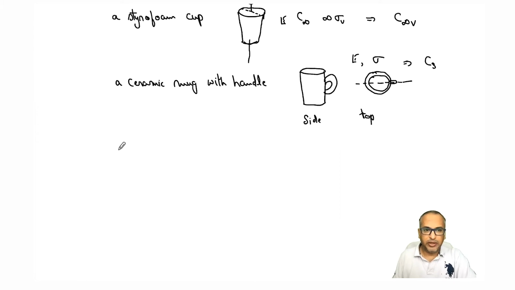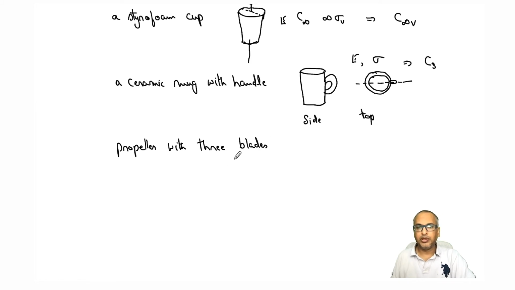Now let's say you have a propeller. You must have seen a propeller, for example an exhaust fan in your home, right? So a propeller with 3 blades. How does it look? You have a circle, which is the center of the motor, and then you have a blade where some part of the blade is coming out of the plane.